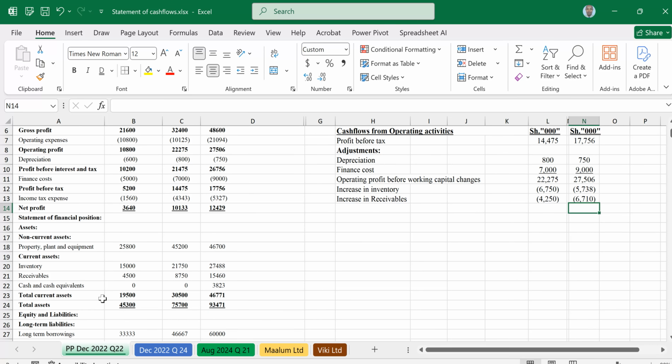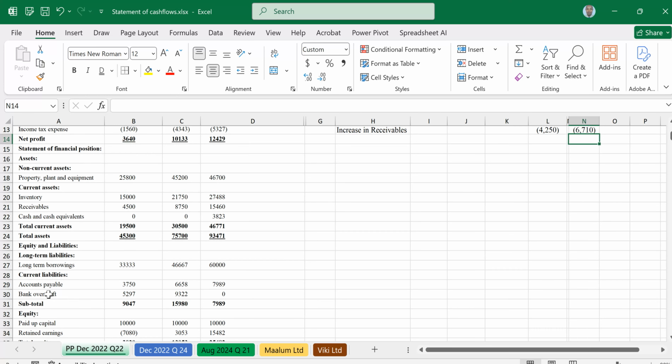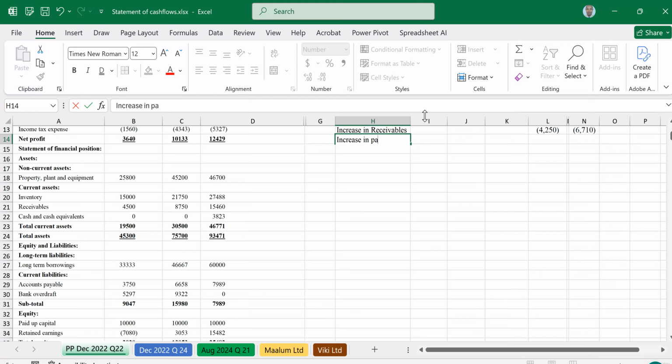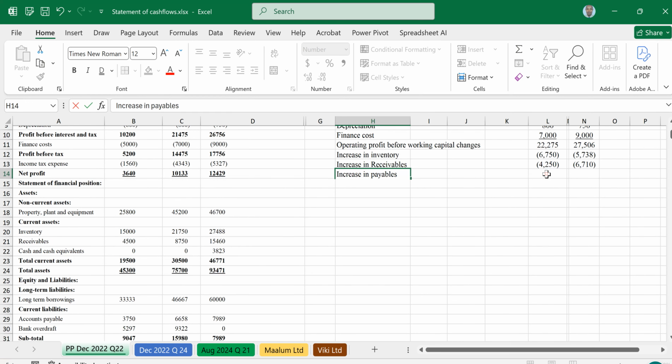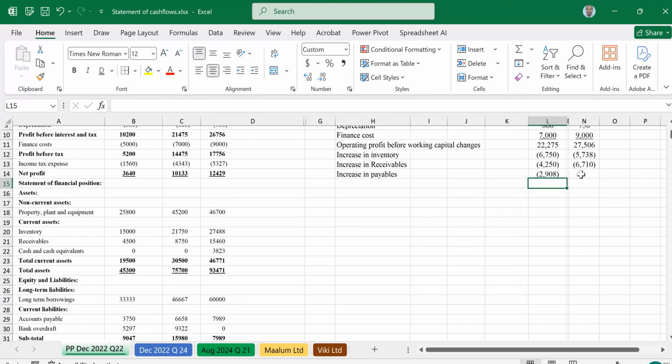As you move to liabilities, we have accounts payable. They're also increasing, so increase in payables. Payables 3750 minus 6658. The other one is 6658 minus 7989.